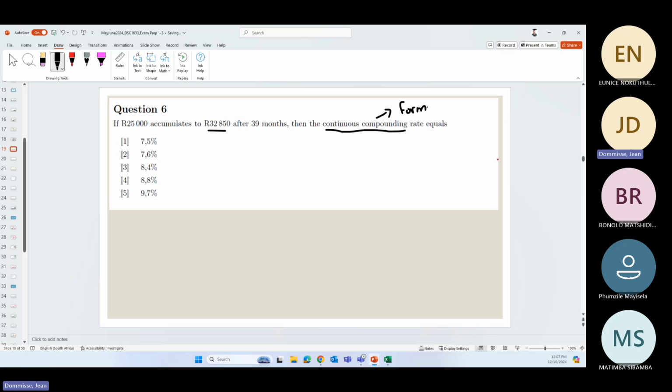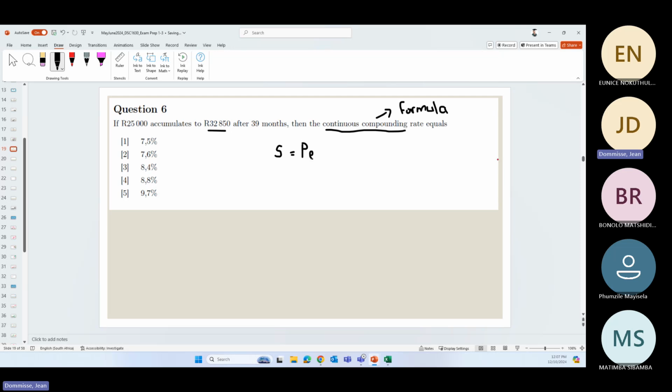We don't have anything on Excel or the financial calculator that can work this out. So there is not a function on Excel or the financial calculator. So we need to first see what is the continuous compounding formula.